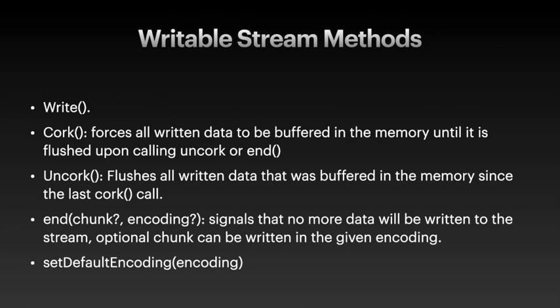And obviously you can pass an optional chunk that can be written in the given encoding. That is the second parameter. And then there is a method that is called set default encoding, and we're gonna get into that in a second.